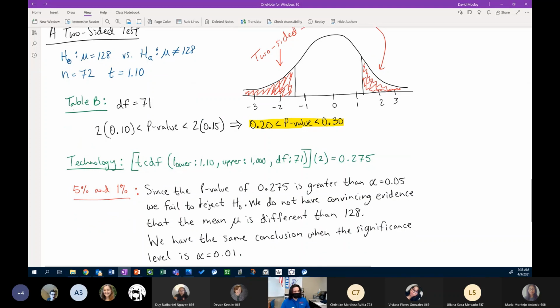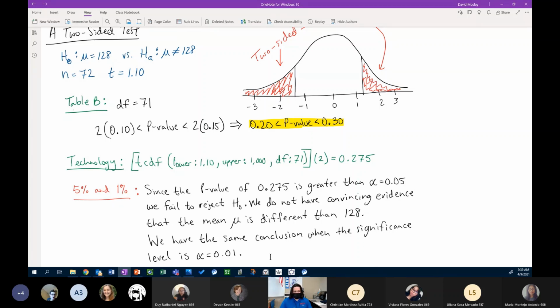Since the p-value of 0.275 is greater than alpha equaling 0.05, we fail to reject the null hypothesis. We do not have convincing evidence that the mean mu is different than 128. We have the same conclusion when the significance level is alpha equaling 0.01, because if it's greater than 0.05, it's definitely greater than 0.01.